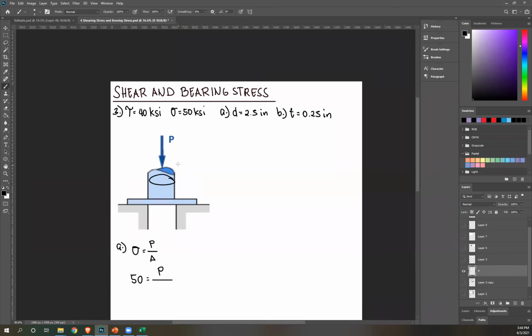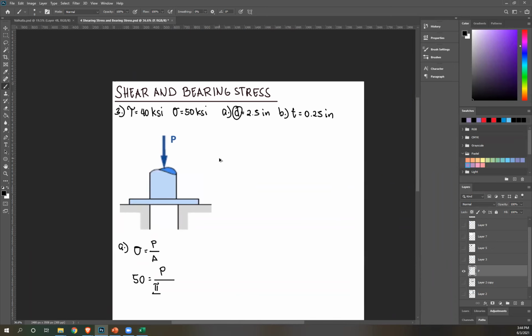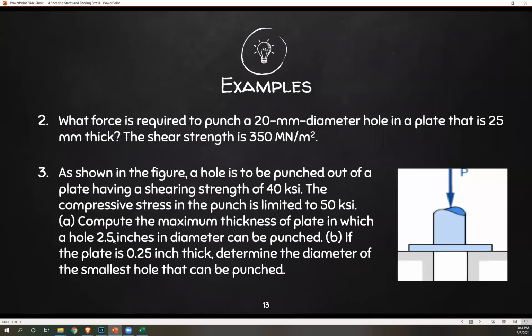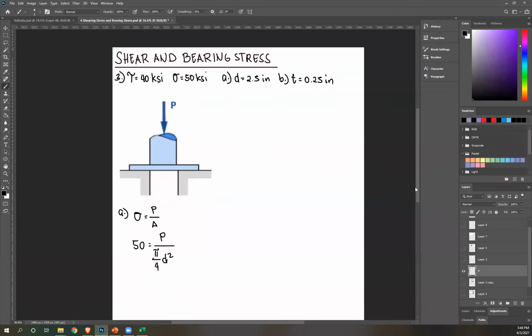So we're looking for the area of a circle, which is pi over 4 d squared, or pi r squared. We're not given the radius, we're given the diameter. So pi over 4 d squared. And that d is the diameter of the hole. As mentioned earlier, the diameter of the hole is the same as the diameter of this cylinder, so we're going to use that as well.